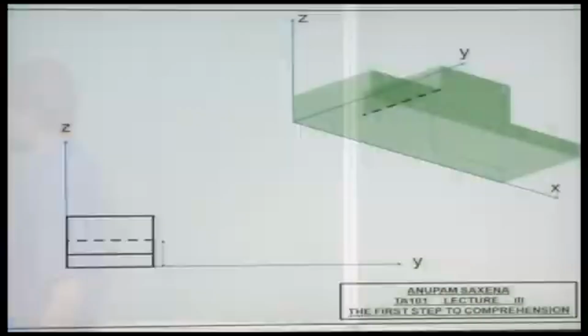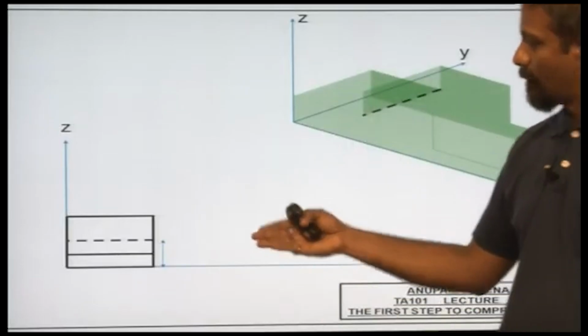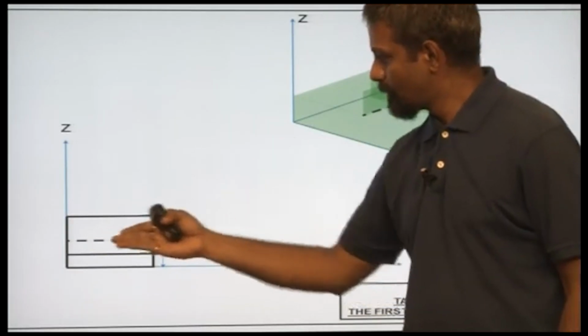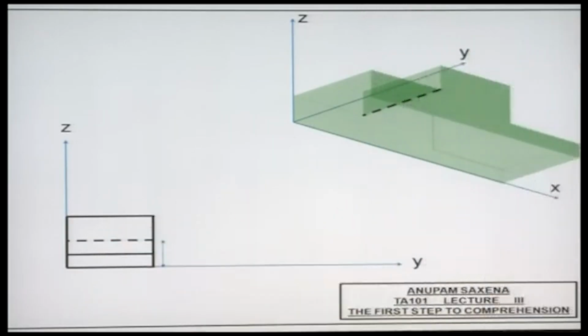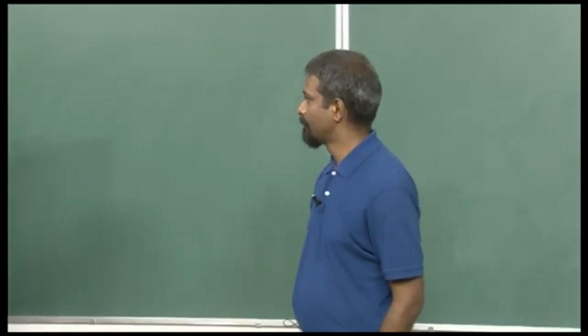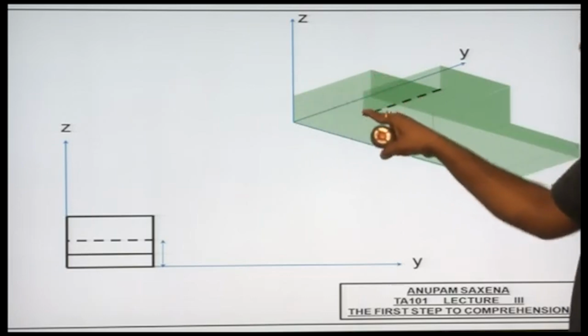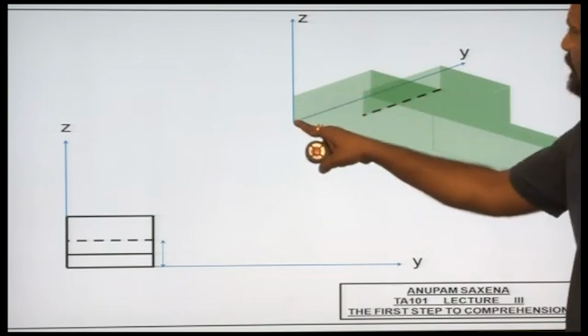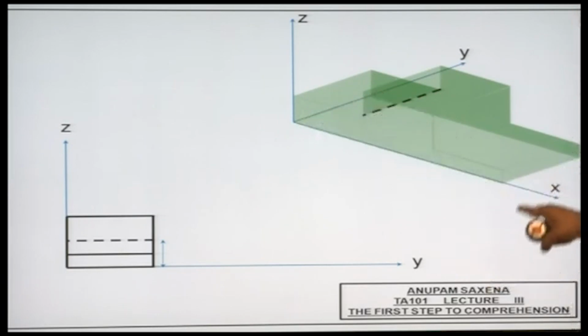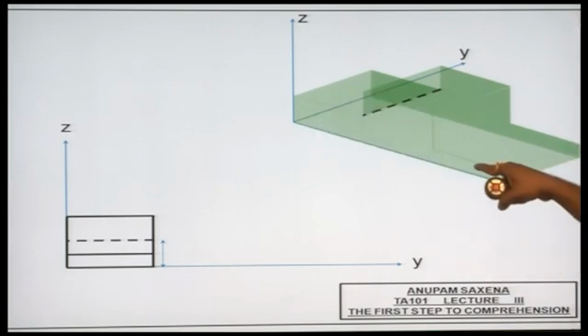All the features which are not directly visible to us, but they are there, are going to be depicted using dashed lines. Okay. Anything else? Possibly not, because this edge is concealed behind this edge. This edge here is concealed behind this edge, and this edge is actually hidden behind this edge. So we are fine.